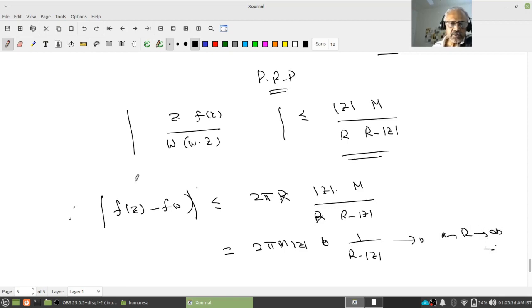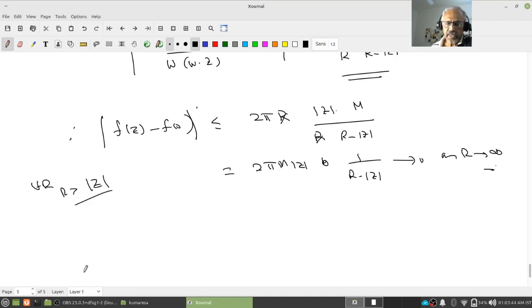Remember, this inequality is true for all r as long as r is greater than mod z. Therefore I have got this result. Do you follow this? So hence f of z equals f of 0 for all z in C. That means f is a constant.